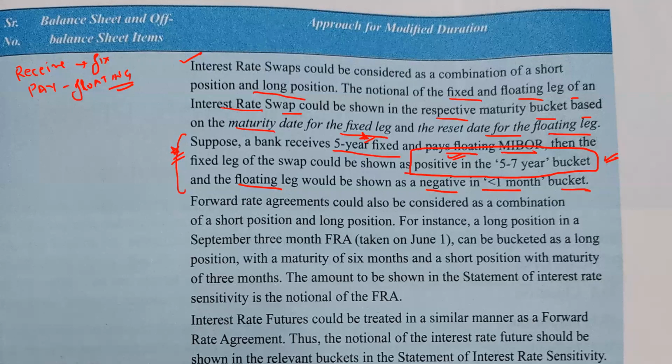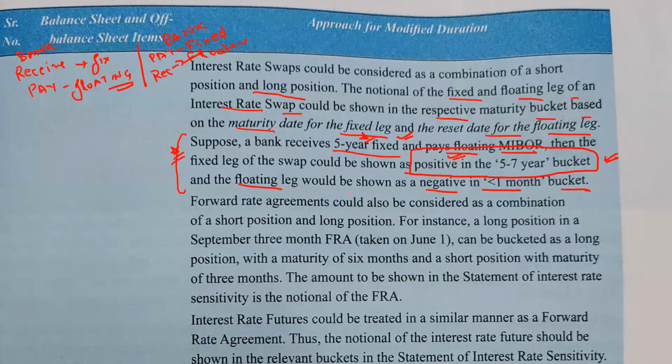But in the question, the bank has to pay fixed and receive floating. For understanding, that is the totally reverse of that.